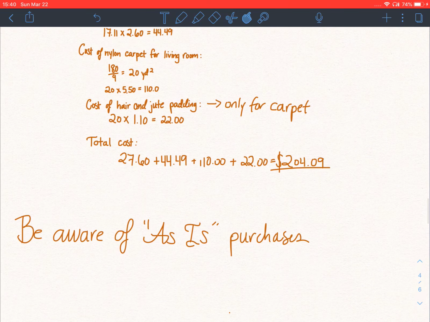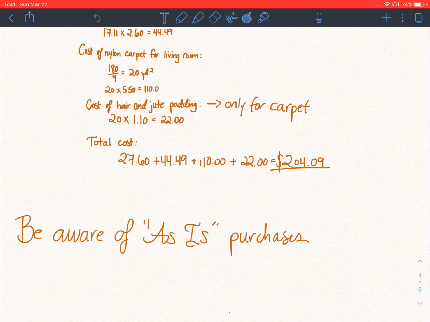Alrighty. And something else to be aware of when you are purchasing a house, or your parents are considering buying something for their house, be aware of as is purchases. An as is purchase is basically what you see is what you get, which sometimes works in your favor and sometimes it doesn't. But the warning with an as is purchase is to look at the quality.